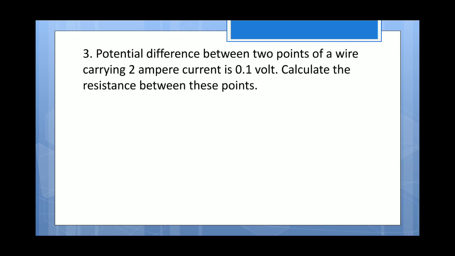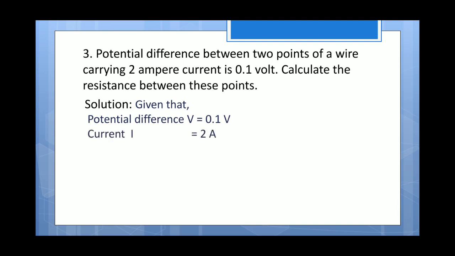The next problem is: the potential difference between 2 points of a wire carrying 2 ampere current is 0.1 volt. Calculate the resistance between these points. Here it is given that potential difference V is equal to 0.1 volt, current I is equal to 2 ampere, and resistance is to be obtained.